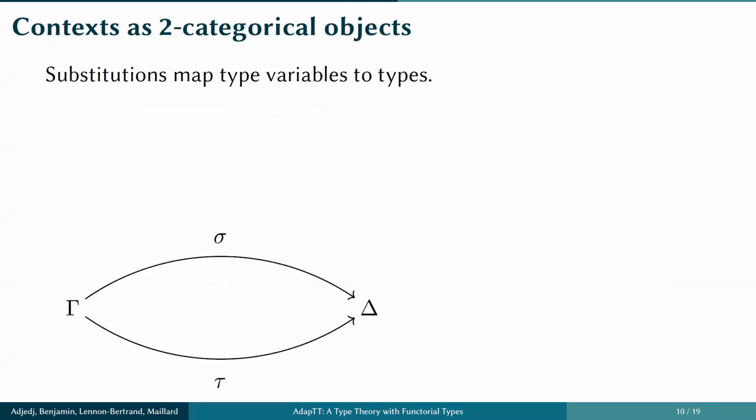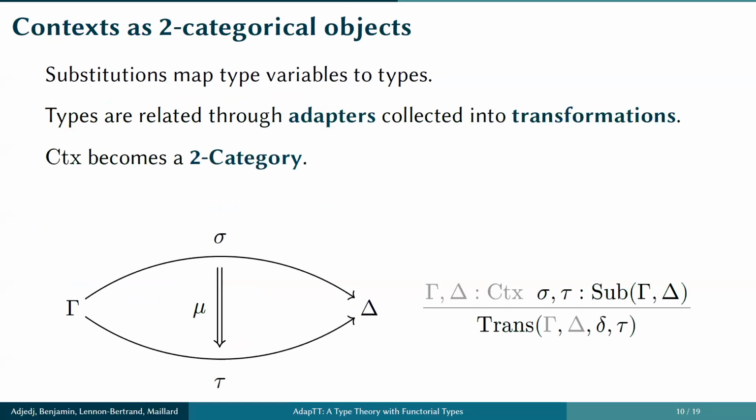What this gives us is that whenever we have two substitutions, sigma and tau, these may map some type variables from Delta into some types of Gamma. We may be able to collect this information, how these type variables are being mapped between these two substitutions, into new morphisms, so two-morphisms between our substitutions. What we call a transformation here will be the data of potential adapters between two instantiations of type variables living in Delta.